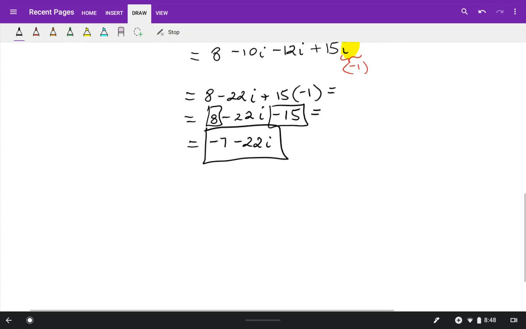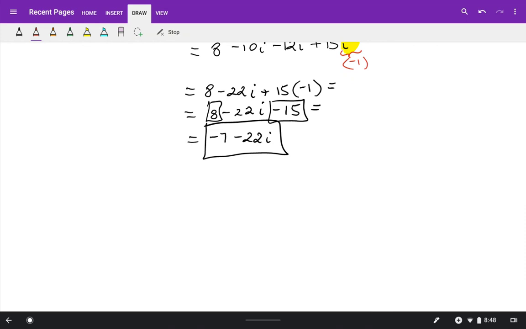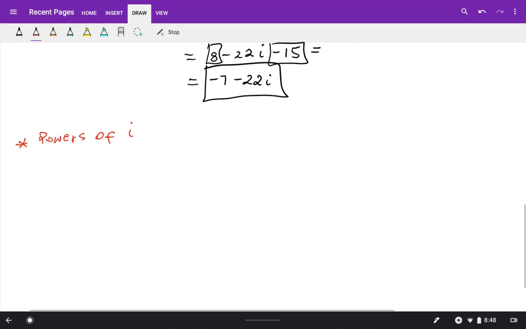Okay, next we need to know the powers of i. So this is another important theorem. Powers of i, which is the imaginary unit, follow a pattern.